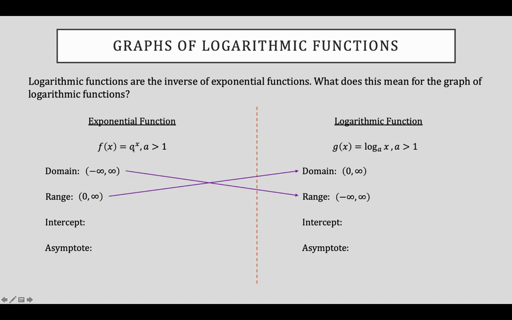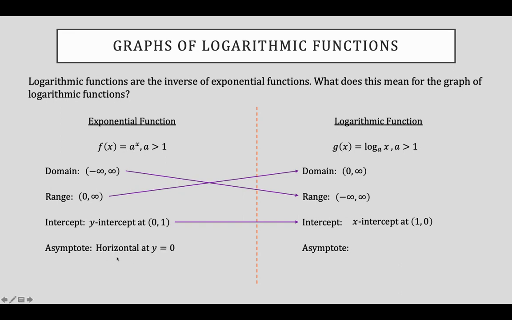Every single basic exponential function, y equals a to the x, had a y-intercept at 0, 1. Recall that if we plug in 0 for x, a raised to the 0 power is equal to 1. Well, again, because all of our x and y values are going to flip-flop as we move to our logarithmic function, the inverse function, instead of having a y-intercept at 0, 1, we are going to have an x-intercept at 1, 0.